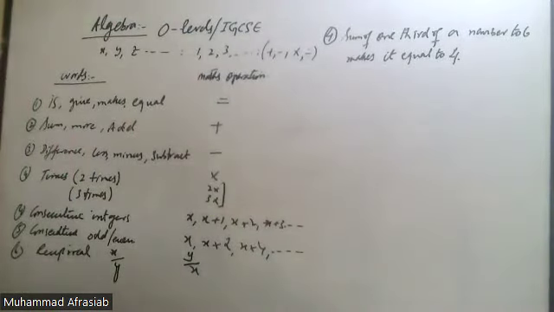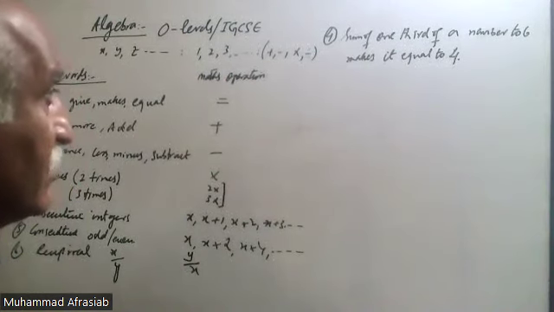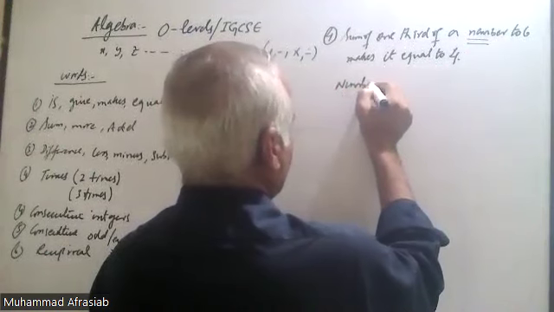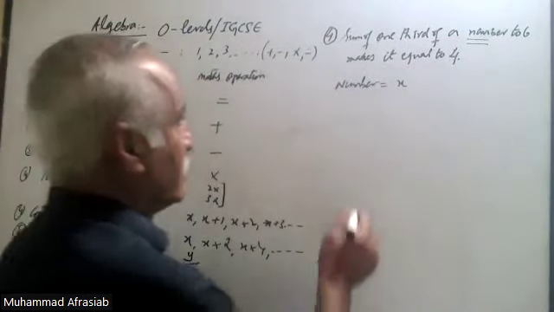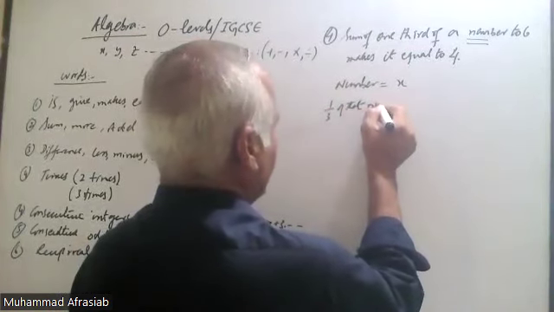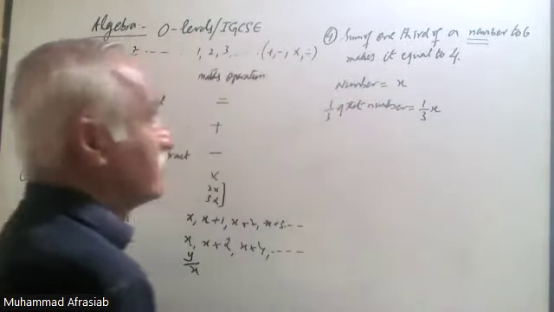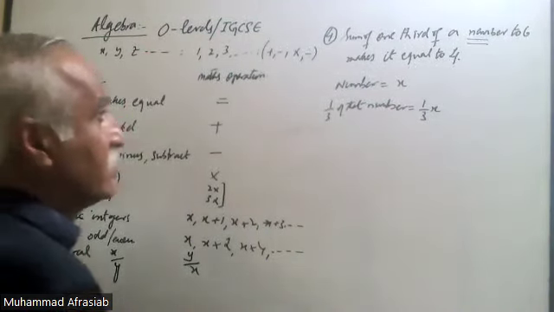Fourth, the sum of 1/3 of a number and 6 makes it equal to 4. Now let the number be equal to x. Then they said 1/3 of that number, so 1/3 of that number will become 1 over 3 x. Added means plus sign, to 6.